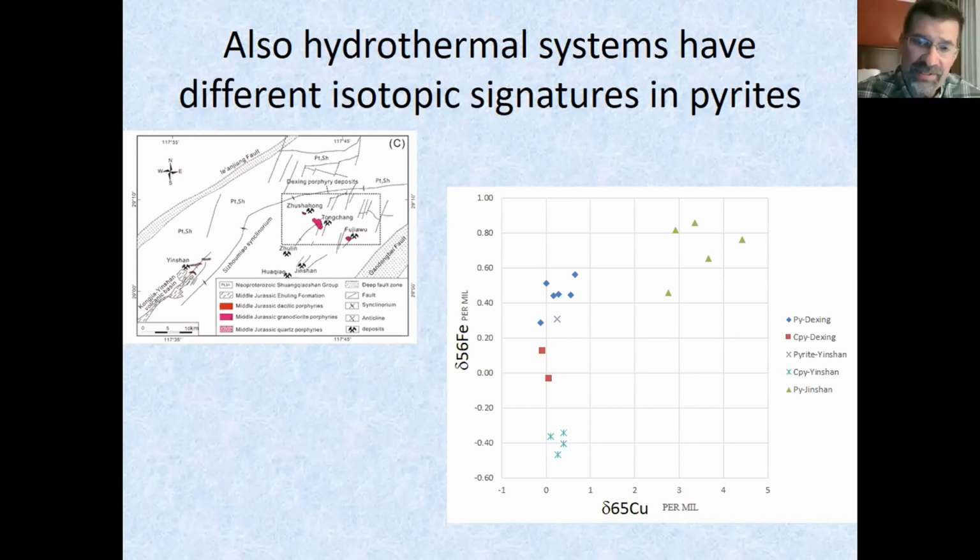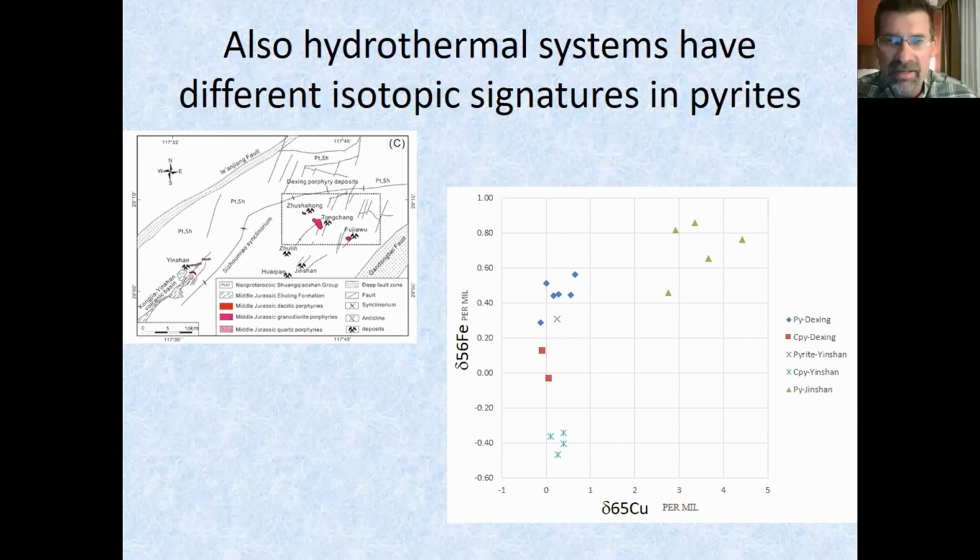And what's interesting here is that you can actually see copper isotope variations on the order of several per mil within the pyrite in the porphyry, but they are relatively tightly clustered in the gold deposits. There's variation here, and we don't have a lot of samples to vector with, but this shows that there is enough isotopic variation in both iron and copper in these minerals to perhaps vector with.